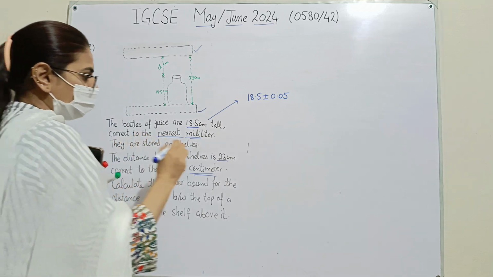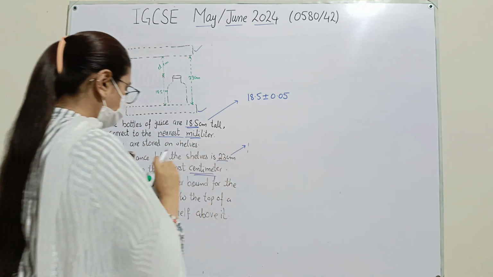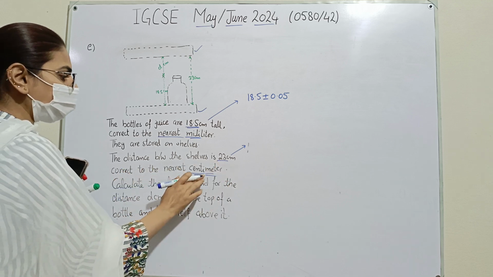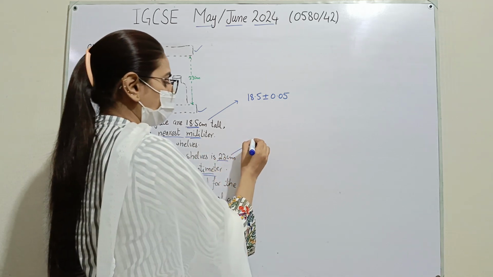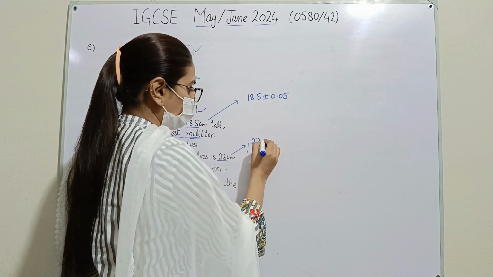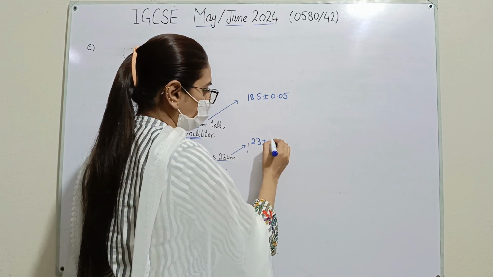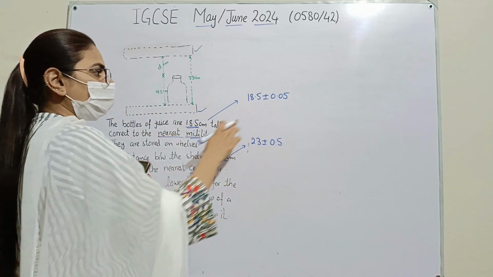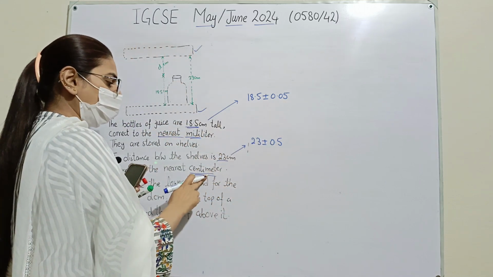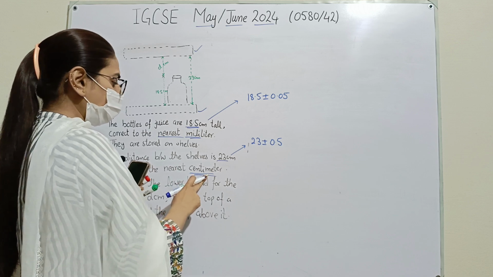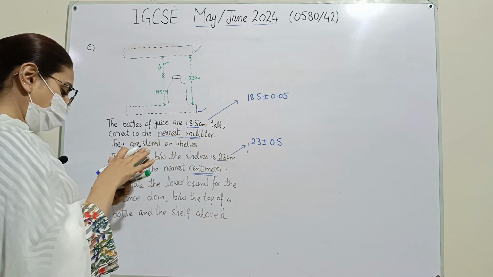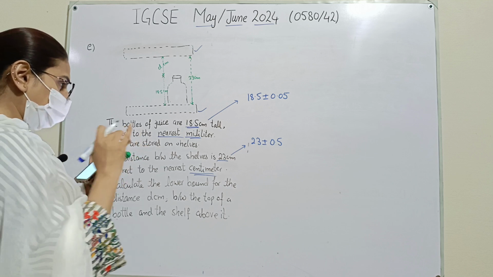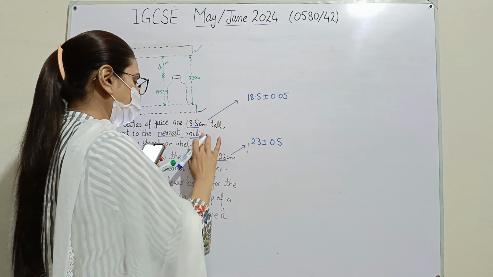Next, the distance between the shelves is 23 centimeters, correct to the nearest centimeter. It means its upper and lower bounds can be 23 plus or minus 0.5.